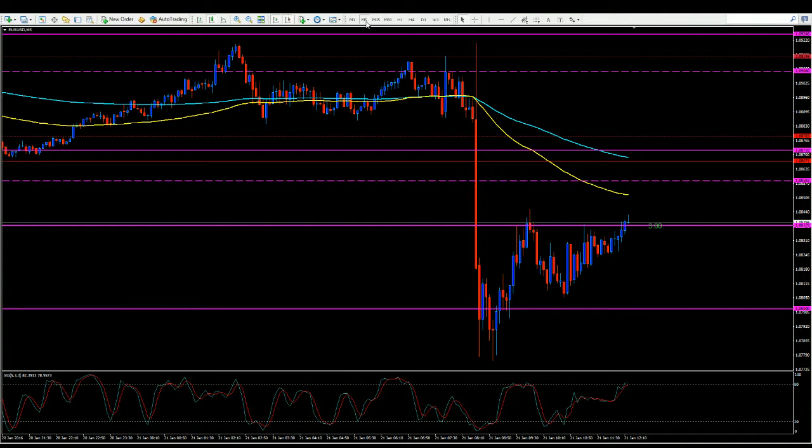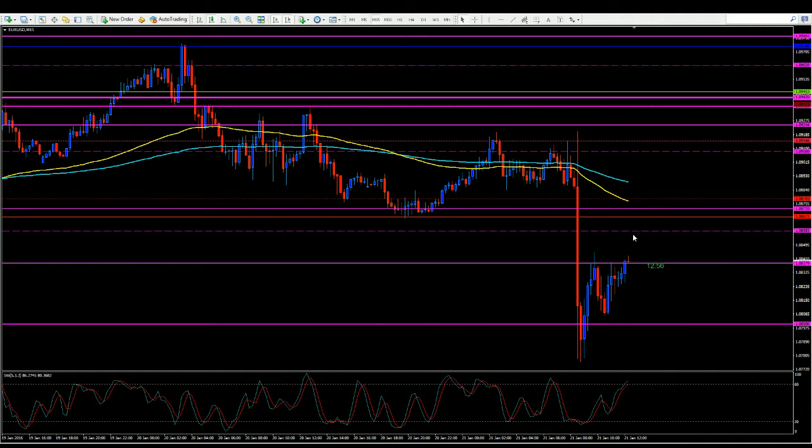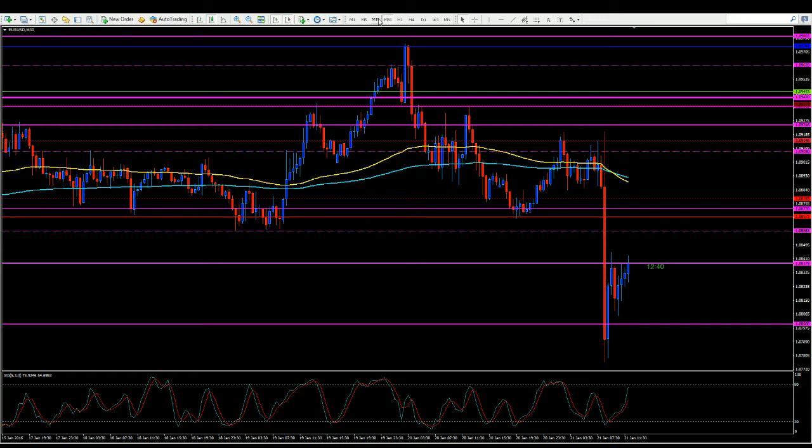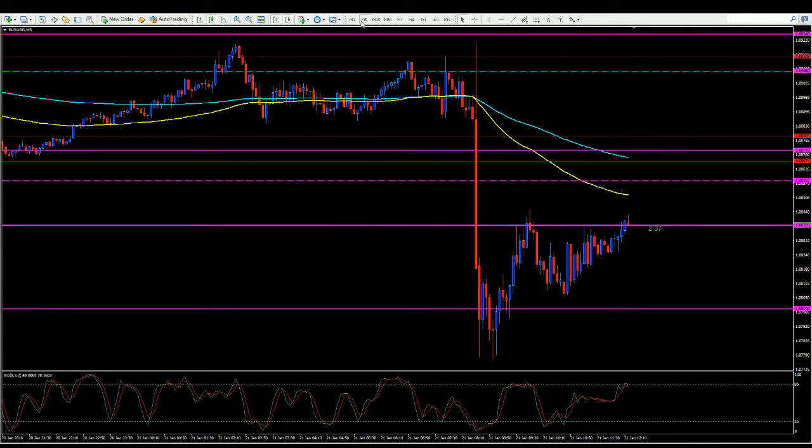What I'm waiting for again is the price retracing back up here, but I don't think it's going to do it. Looks like it's already overbought, as you can see in the stochastic. Even the 30-minute time frame is overbought. And I don't like the volatility either.